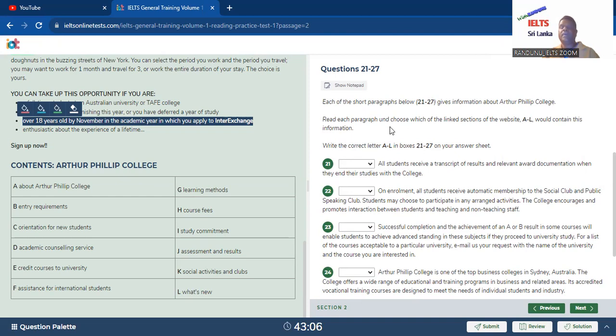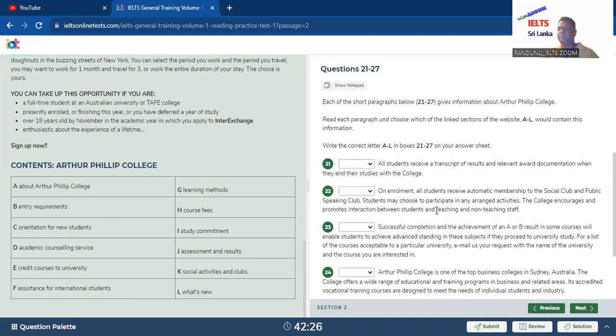Read each paragraph and choose which of the linked sections of the website, A to L. So these are the tabs in the website, drop down menus, the areas and sections in the website map. Whenever you read this information, you will find out this is about entry requirements, this is about fees. That way you have to match. You can select here A, B, C, like that.